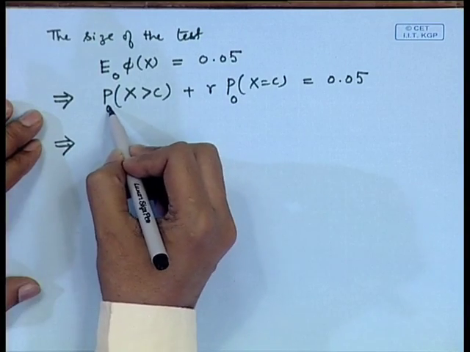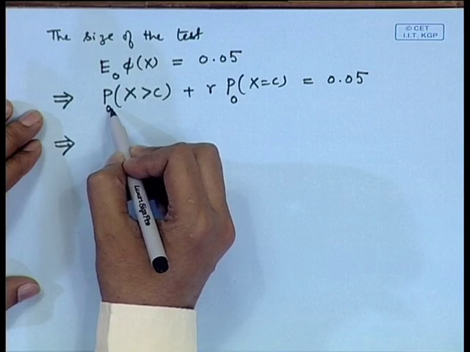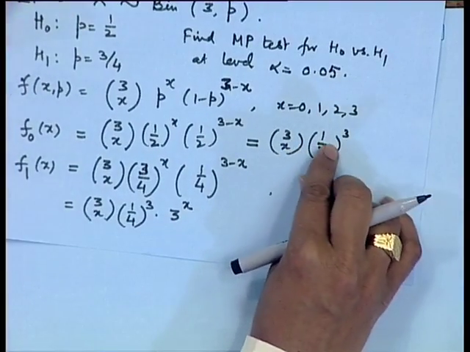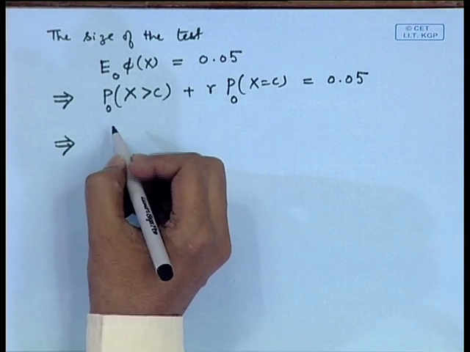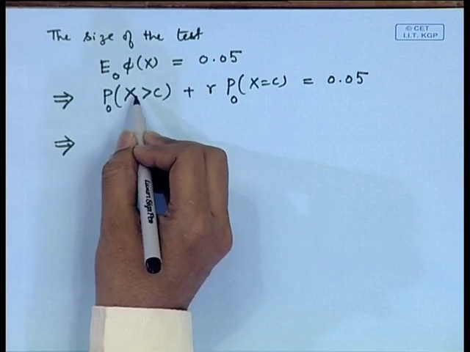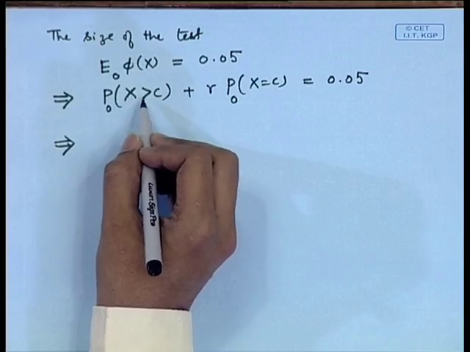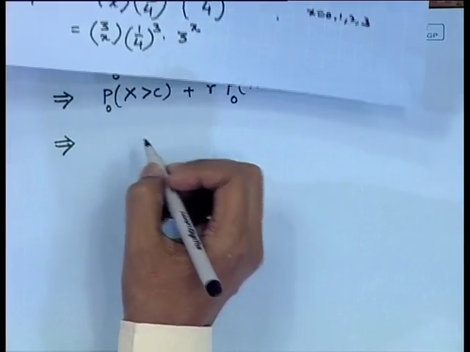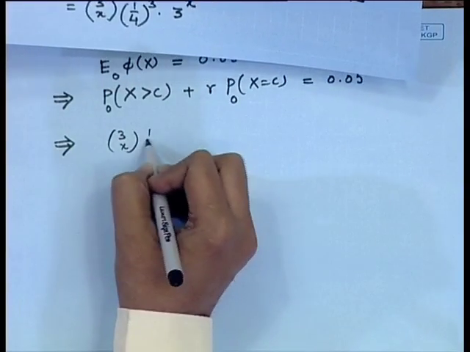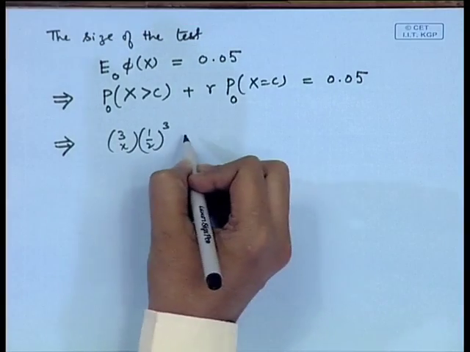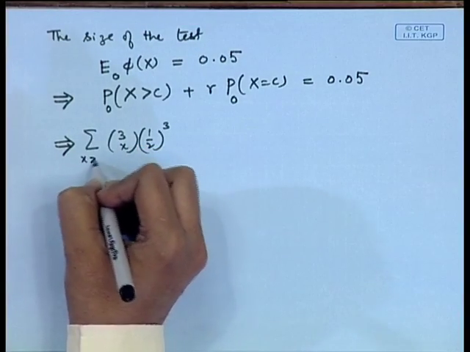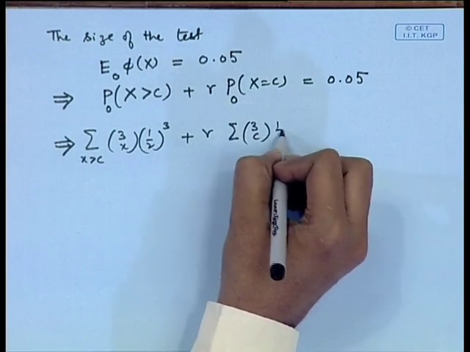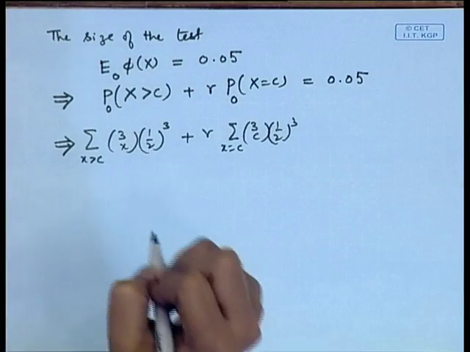Now, you can see here when the null hypothesis is true, the density function is written as 3 C x times half cube. So, this becomes that we have to consider the values of x for which it is greater than c, and the probability distribution has to be added up, that is 3 C x half cube, summation when x is greater than c, plus gamma into, well, this is 3 C c half cube when x is actually equal to c.